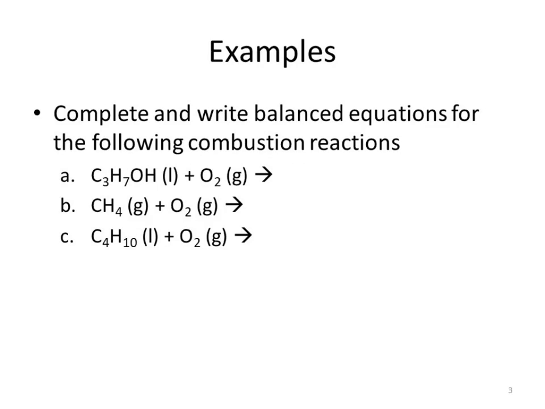Okay, so here are a few examples for us to look at. We've got an alcohol, and then I have a couple of different hydrocarbons for you. All right, so I'm going to take this, and this is going to be a liquid.